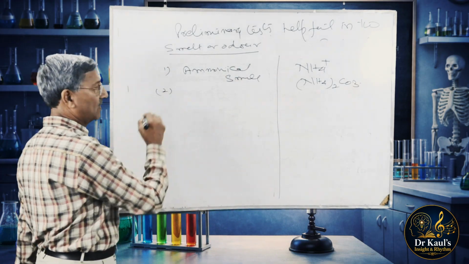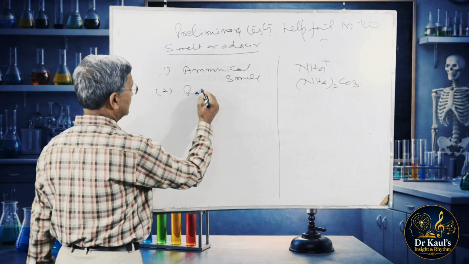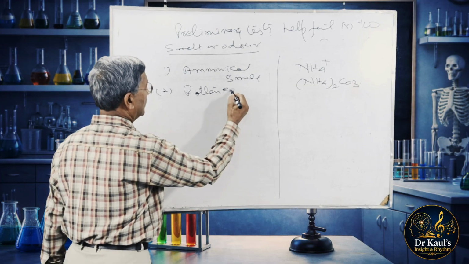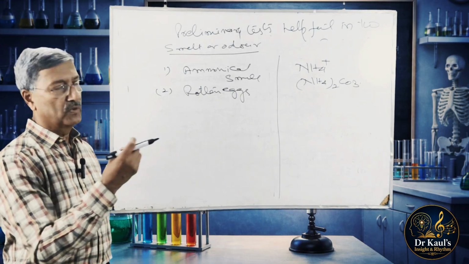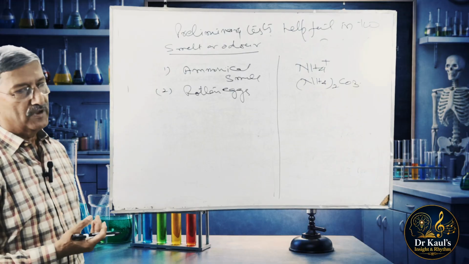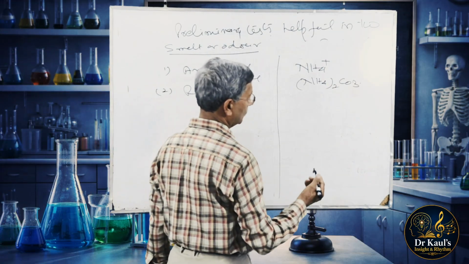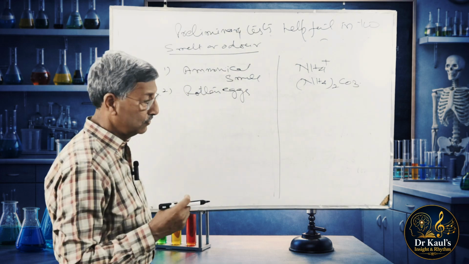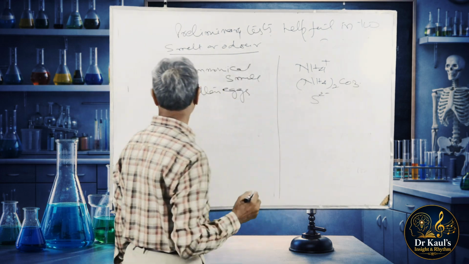Number two, if we get a smell like that of rotten eggs, it is due to the fact that when we put a drop of water and rub it, hydrolysis takes place and the vapors of the characteristic gas come out. So a smell like that of rotten eggs comes, you know that this smell is due to sulfide, so sulfide radical could be there.